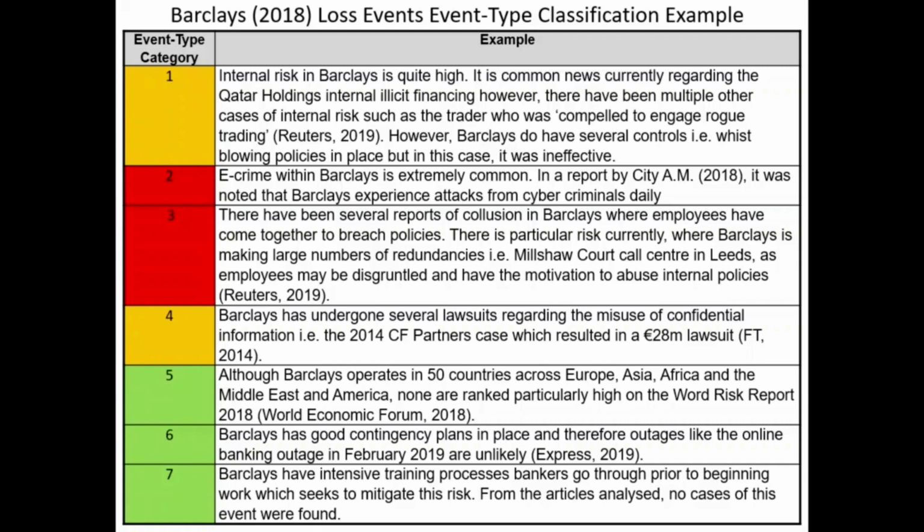For instance, in Barclays we had the LIBOR rigging scandal. They would have acknowledged this because it was widely known. But other than that, you will have to use the likes of media sources to look for these examples of operational risk from these areas in your bank.